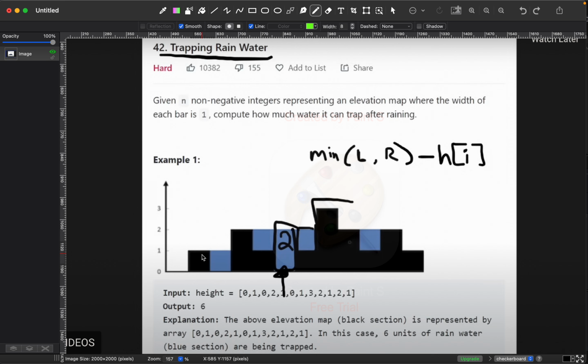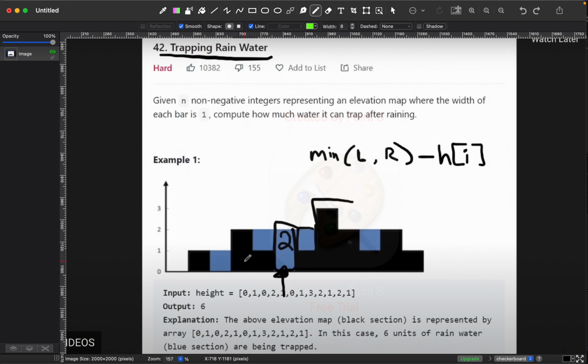Here it's 1, but here is 0, so I shift. Here suddenly it becomes 1, which is great and all. Here is 1, here is 1, so 1 minus 0, I get 1.